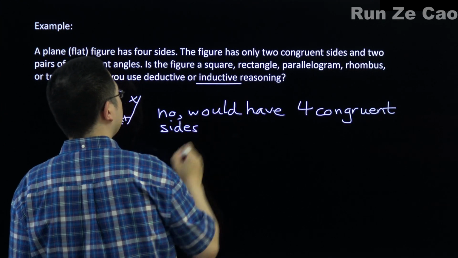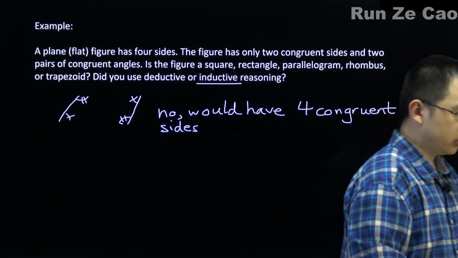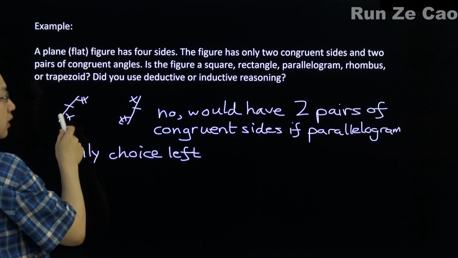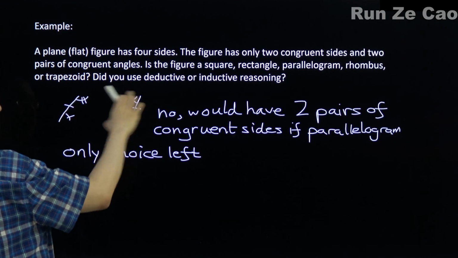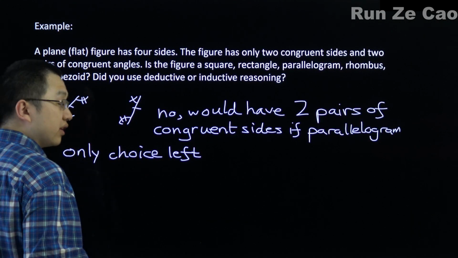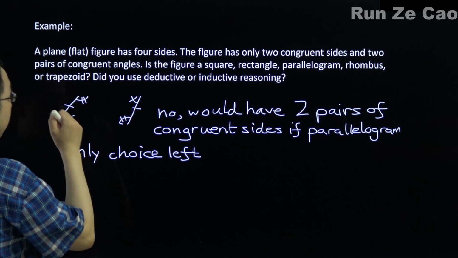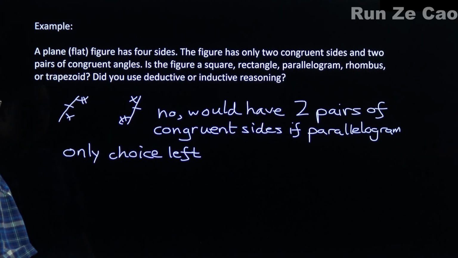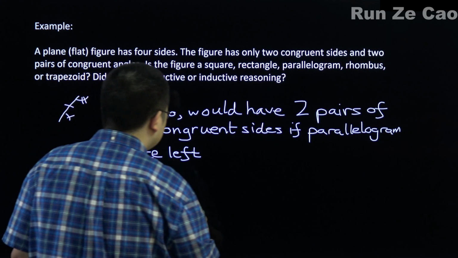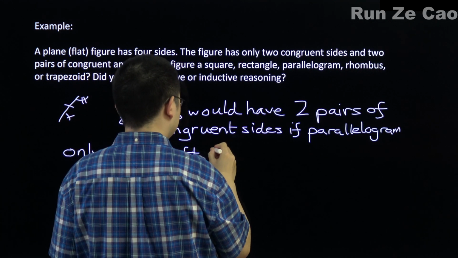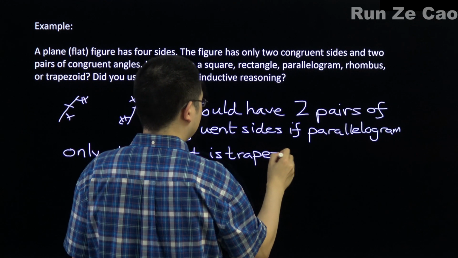Now obviously we're using inductive reasoning here because we aren't going from rule to conclusion. Because you would have 2 pairs, like top and bottom and left and right, for congruent sides. If it's a parallelogram of any sort, including squares and rectangles or rhombuses, the only choice left in the list is a trapezoid. So it's a trapezoid, right?